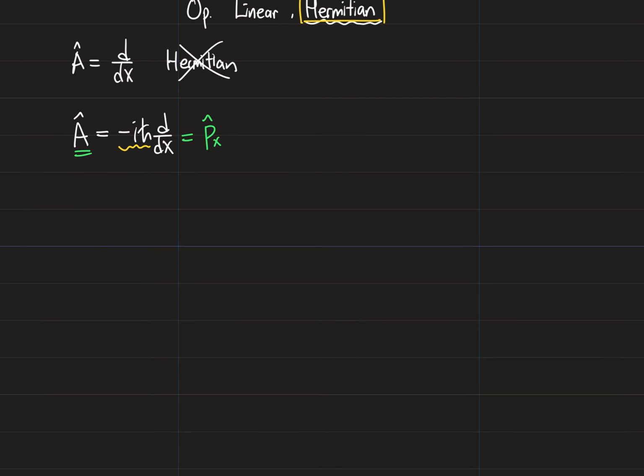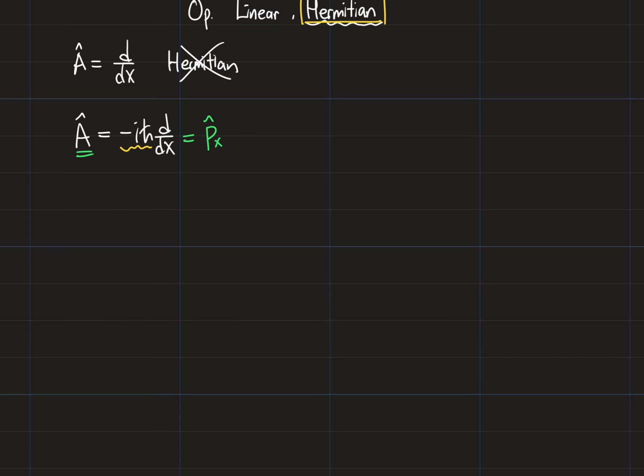Up to here we have discussed the Hermitian operator, and we are going to introduce a more elegant language in quantum mechanics known as Dirac notation. This is also known as the bracket notation.